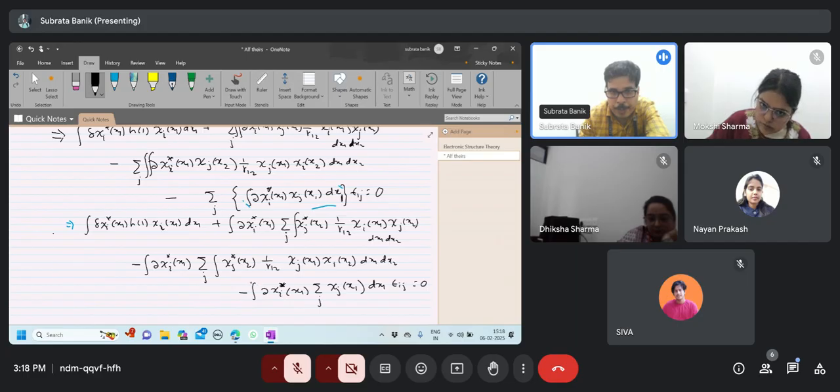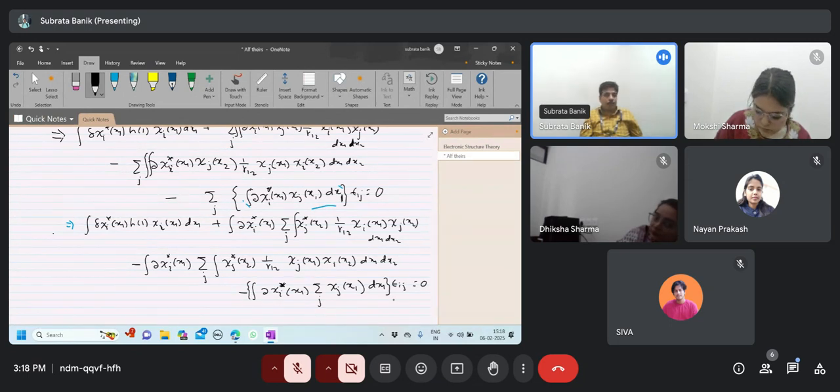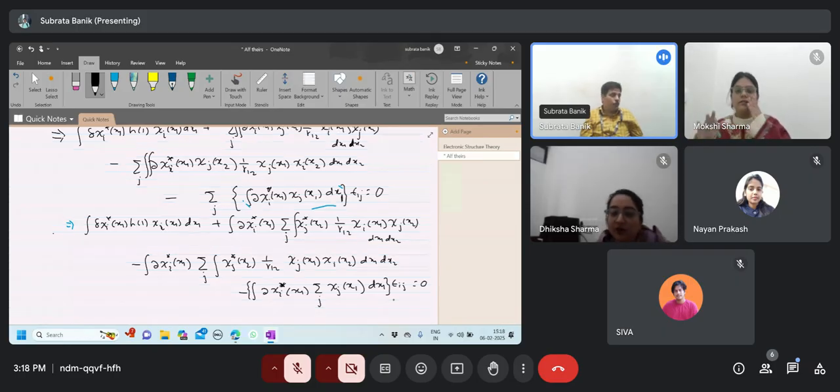Let me put a bracket here. Right? Is there any doubt? You see, this we can do because the sum over j is not equal to i. So whatever is not under the sum, I can put outside.